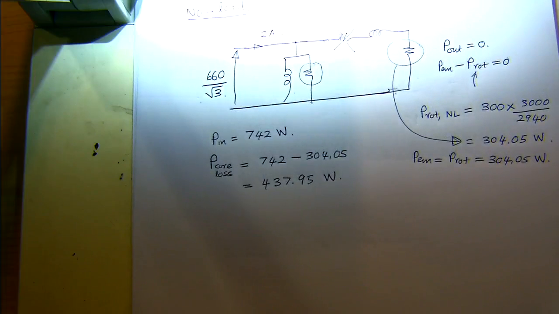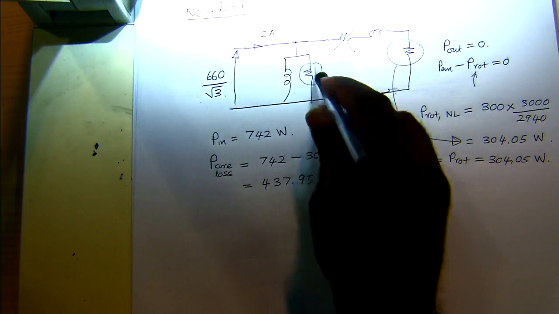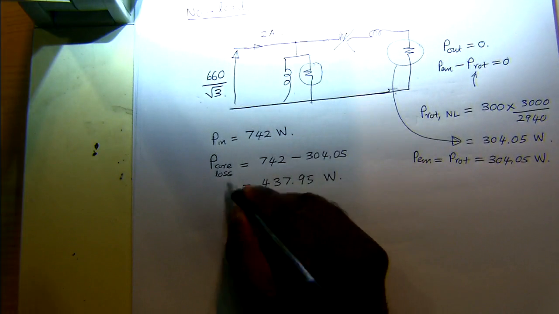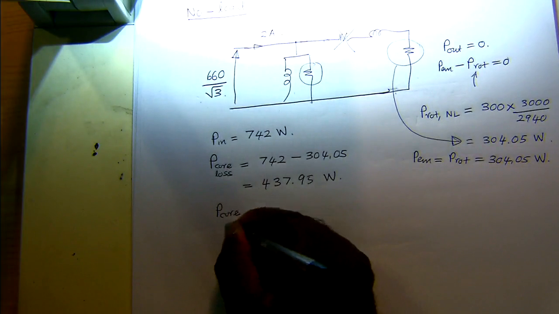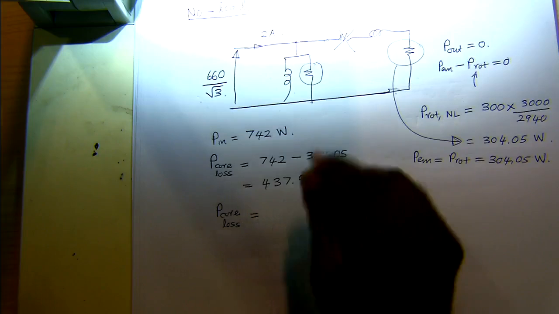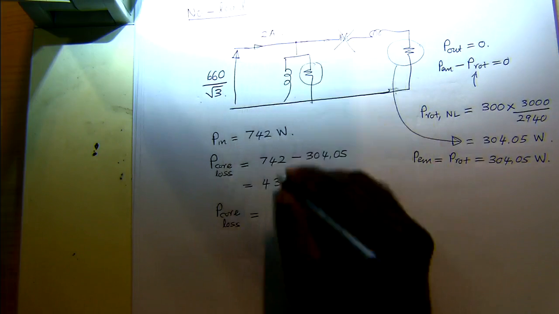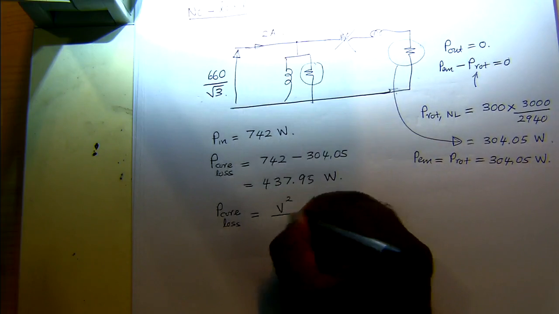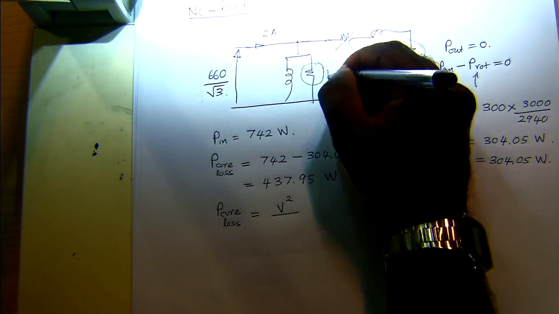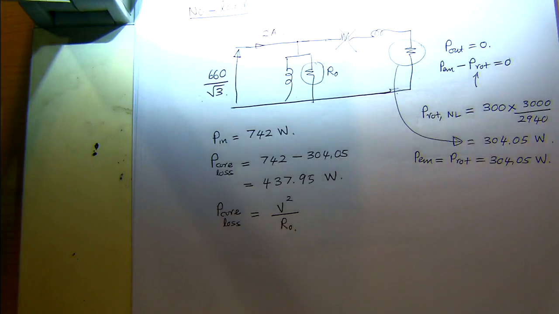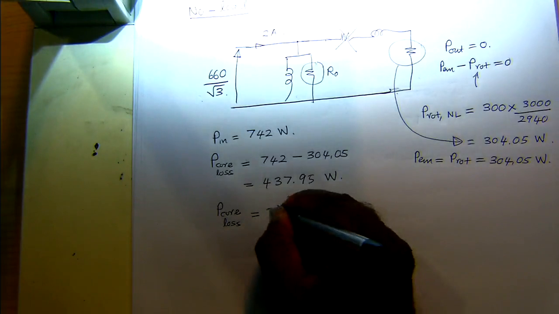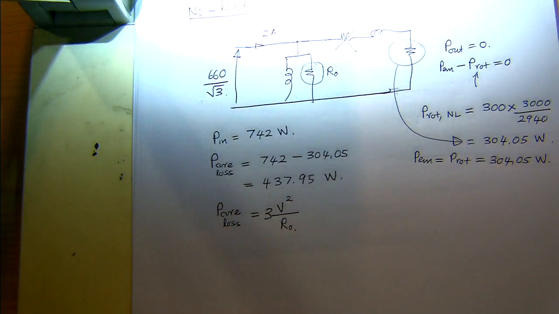So for this no load core losses, we can write P core losses as the per phase voltage squared divided by this resistance, which is, let's say, R0, but then mind that if you're looking at the total 3-phase power, you'll have 3 times this quantity.